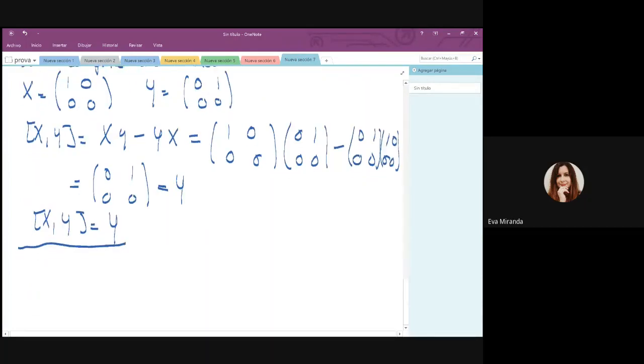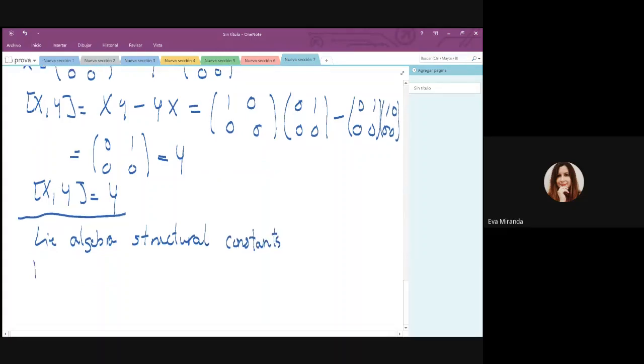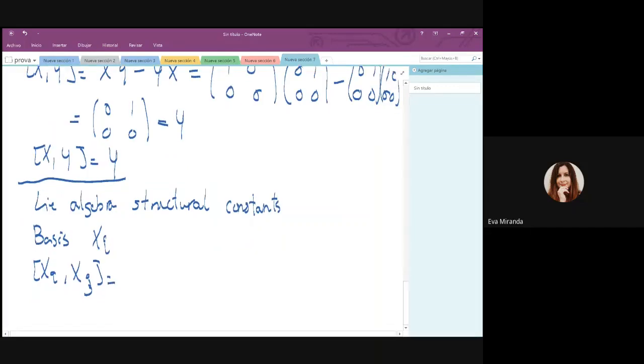So what are the Lie algebra structure constants? Remember that these constants, if I have a basis of the Lie algebra of type x_i, the notation is the following. If I take two elements, then I denote the sum of this.